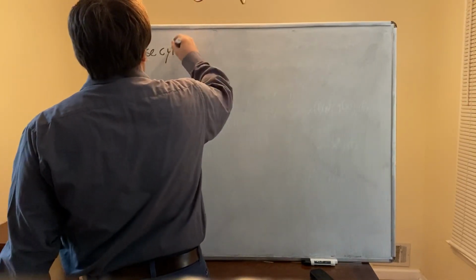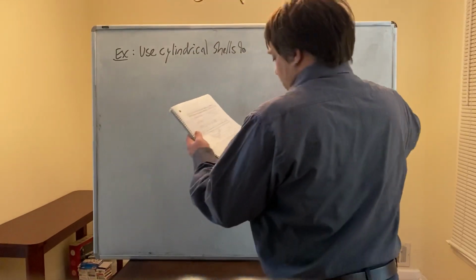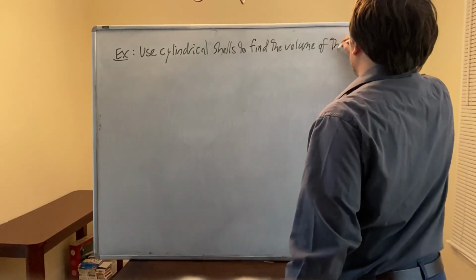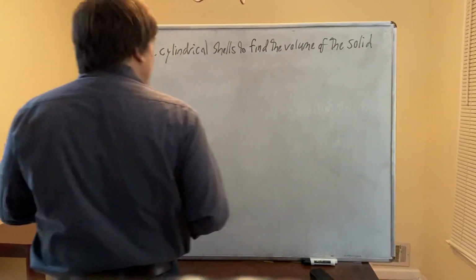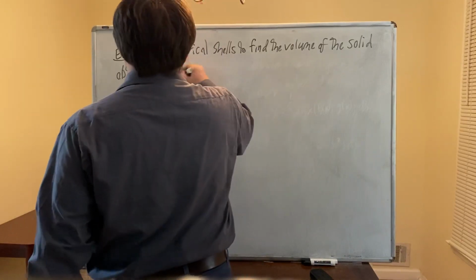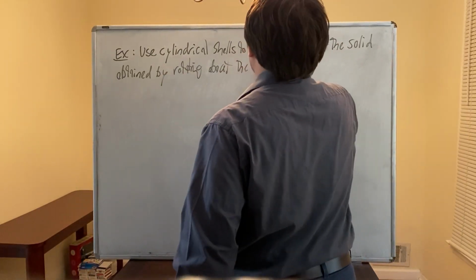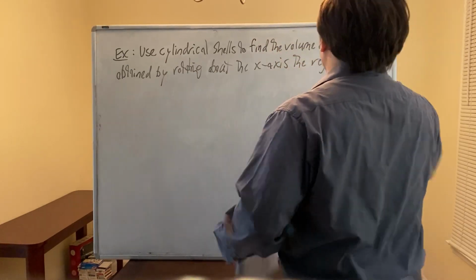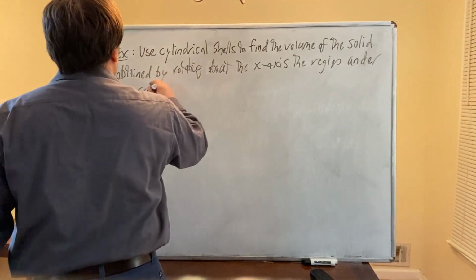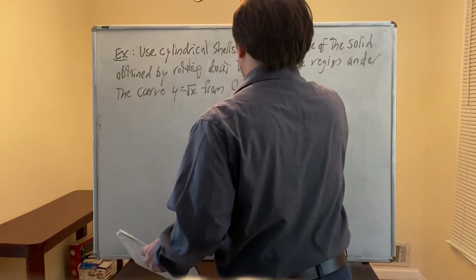Use cylindrical shells to find the volume of the solid obtained by rotating about the x-axis the region under the curve y equals the square root of x from 0 to 1.